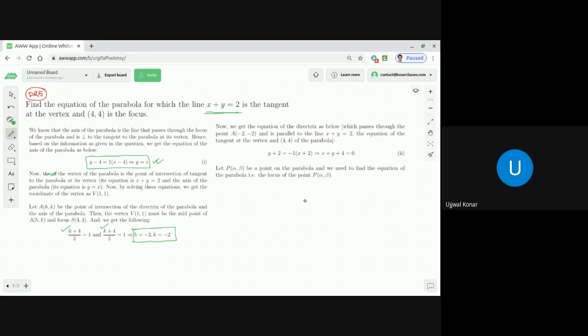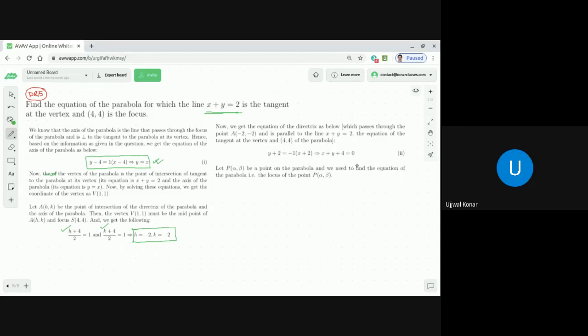Now we get the equation of the directrix as below. It passes through the point A (-2, -2) and is parallel to the line x plus y equal to 2, the equation of the tangent at the vertex, obviously, no? The equation of the directrix is what?